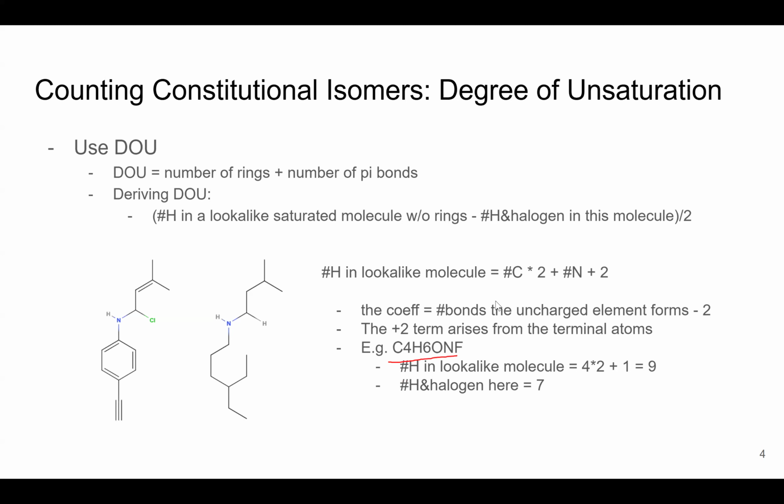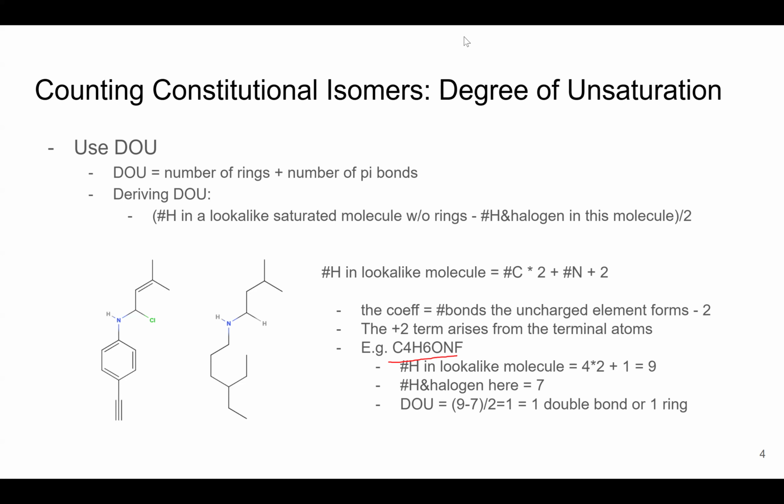The number of hydrogens and halogens in this formula is seven: you have six hydrogens and one fluorine, so in total, seven atoms of hydrogen and halogens. So the degree of unsaturation will just be equal to 9 minus 7 divided by 2, which gives you 1. So you will have one double bond or one ring.